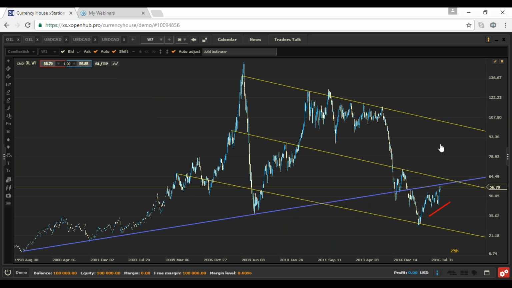What is going to happen next is a very, very open question, because in case they fail to break through this yellow line and this blue line, definitely there will be a pullback, a downside movement even below the level of $50 per barrel.